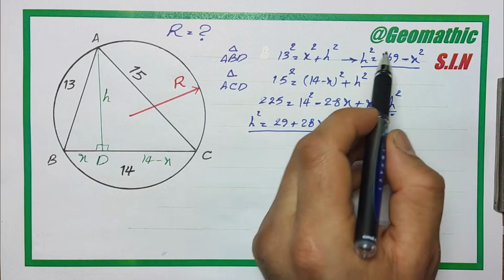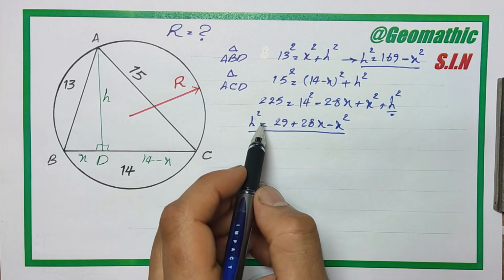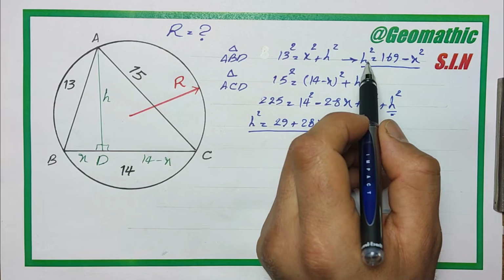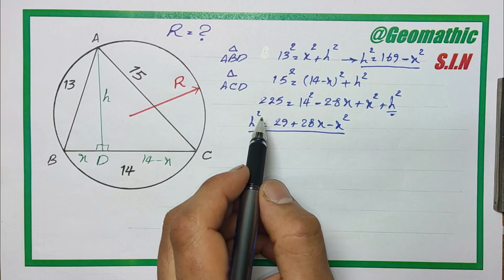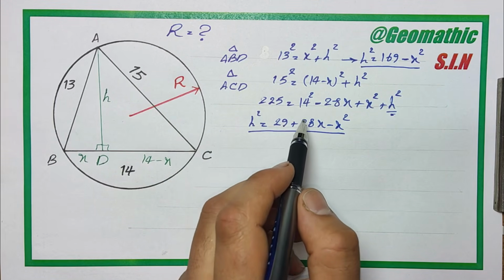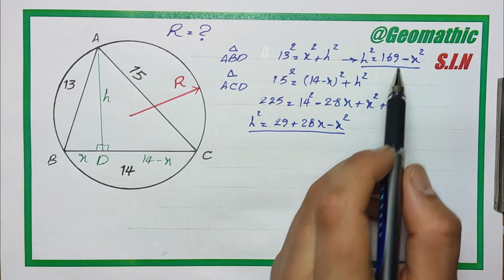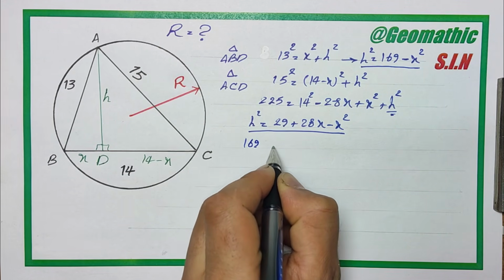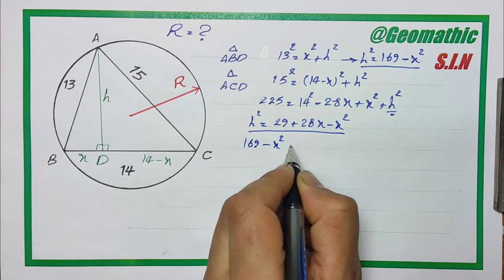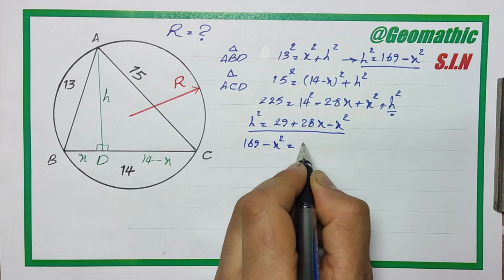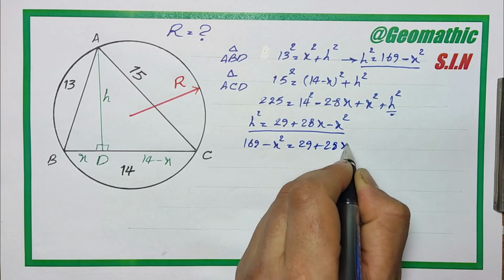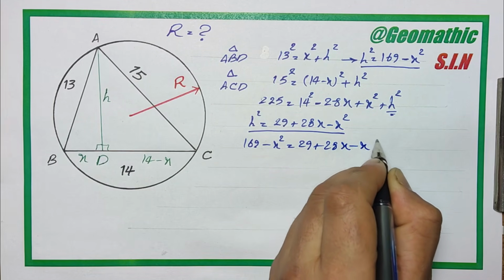At this point we have two equations in terms of x, and both are equal to h squared. Therefore we can set them equal to each other and solve for x. 169 minus x squared equals 29 plus 28 times x minus x squared.